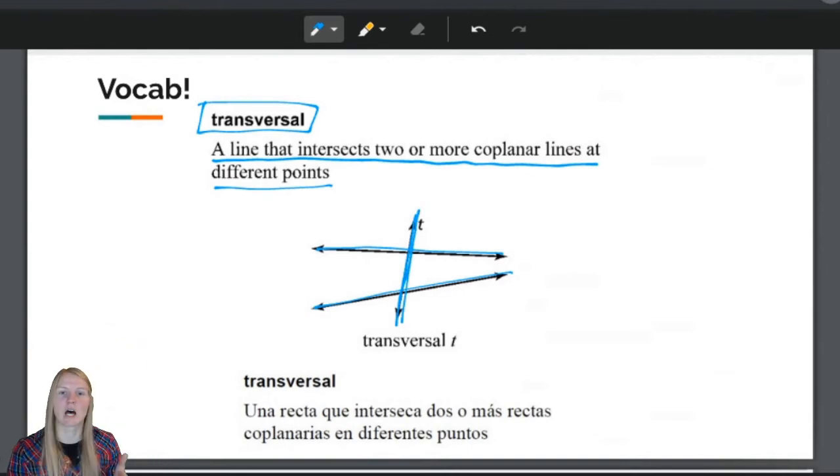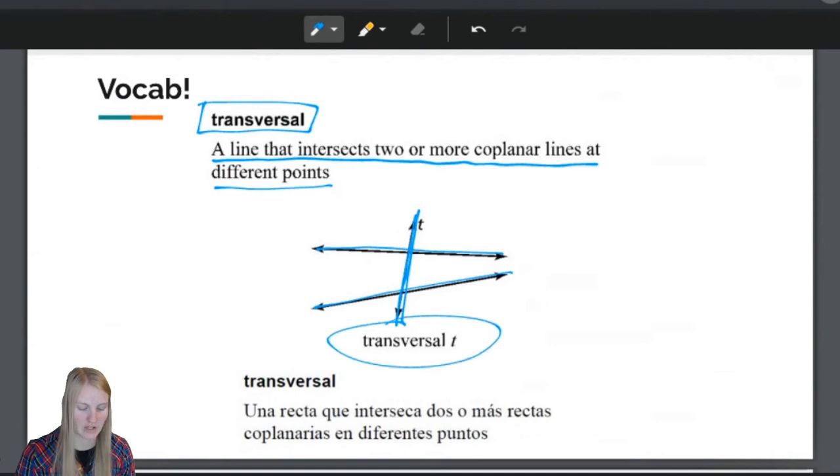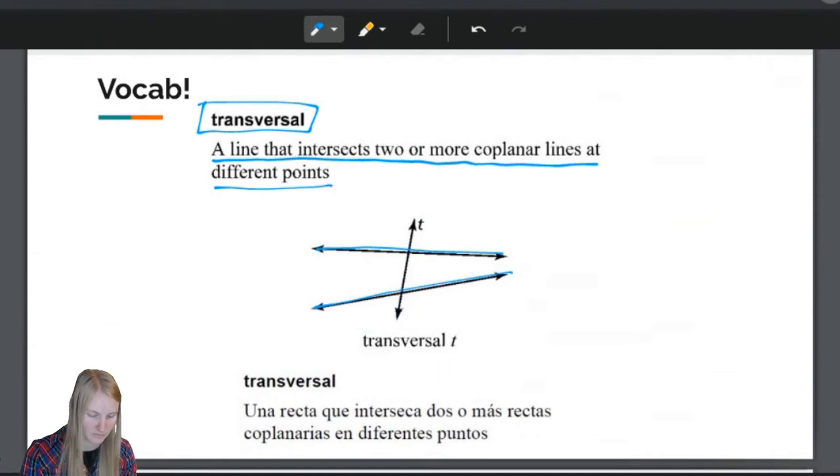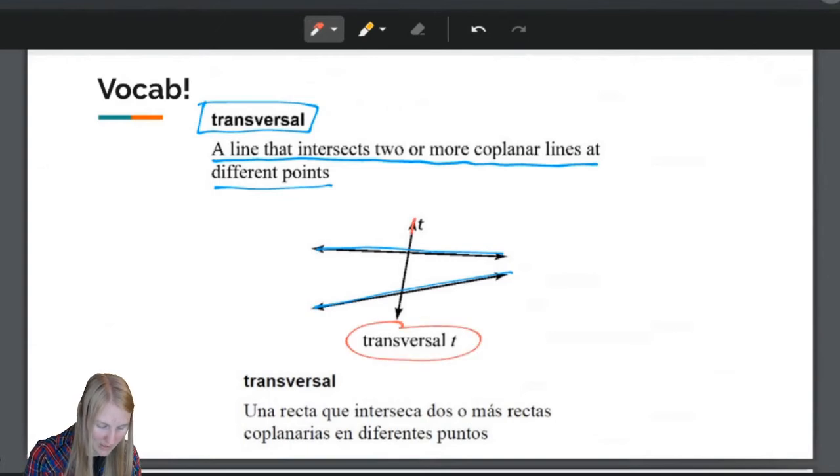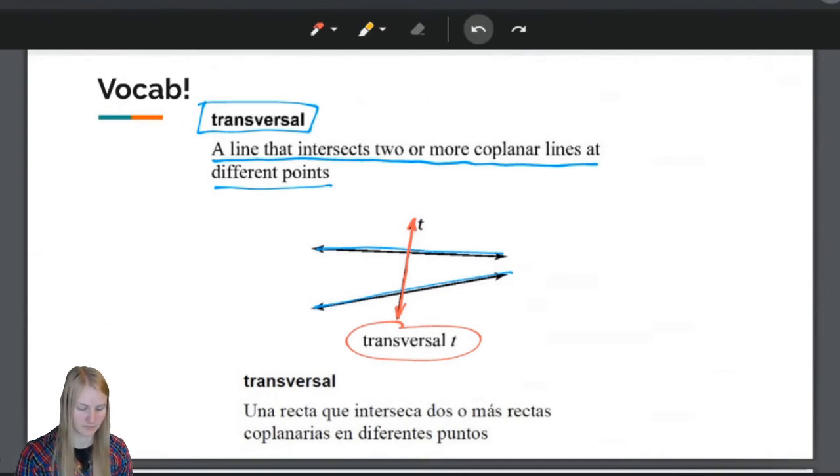The line that cuts two or more coplanar lines is called a transversal. And in fact, maybe I'll color code that. So the transversal is this line, the one that cuts two or more coplanar lines. So this line T is the transversal.